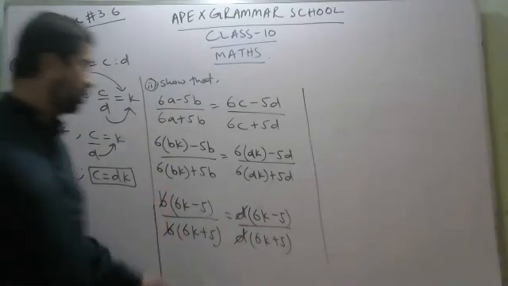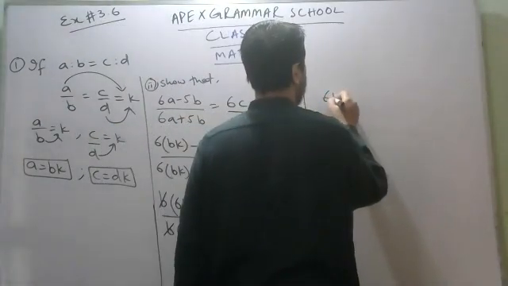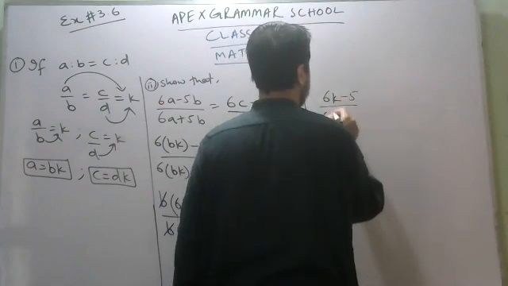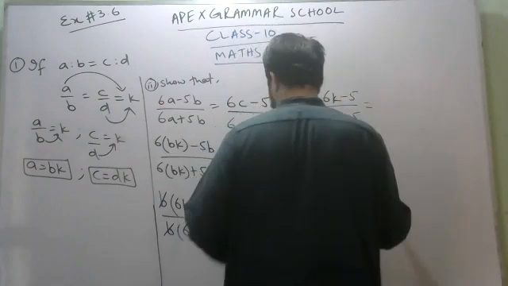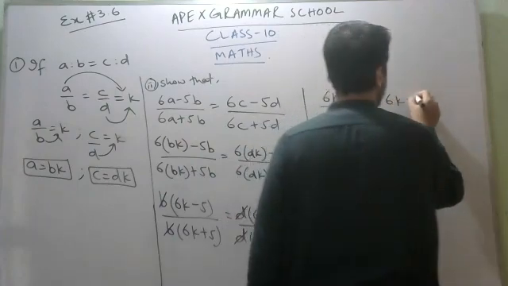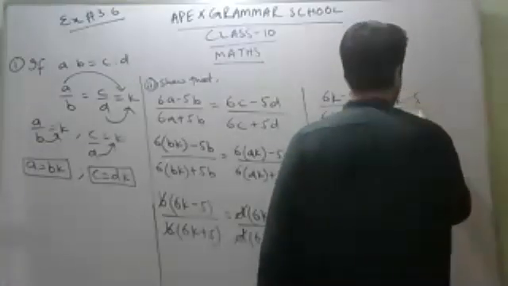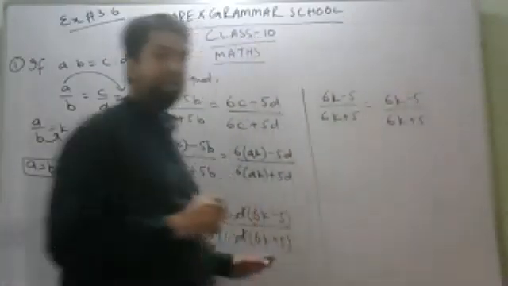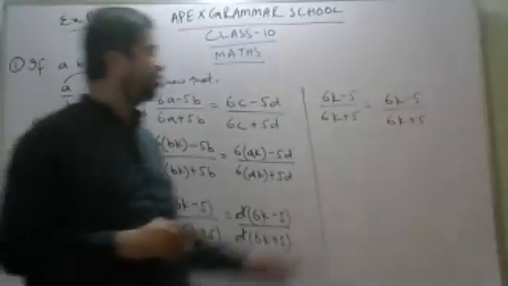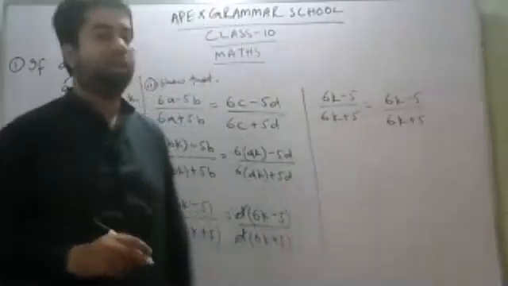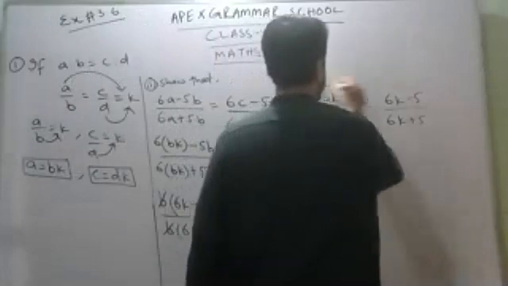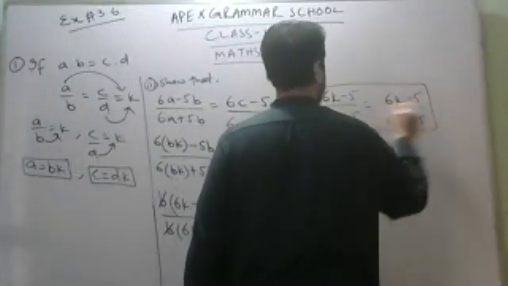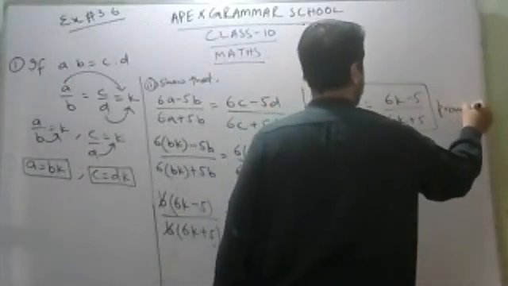You are left with 6k minus 5 over 6k plus 5, that is equal to 6k minus 5 over 6k plus 5 on the right hand side again. You can see that both values are now equal after applying this method, which is called the k method, which is proved.